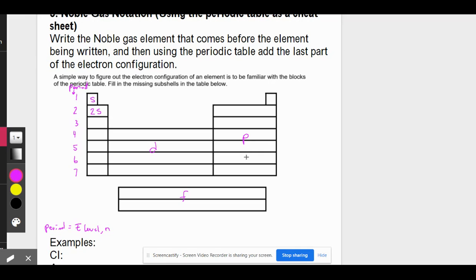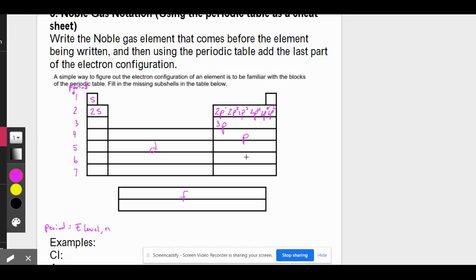Moving over here, this would be 2p1, and then if I move over, 2p2, and we're going to go all the way up to 2p4, 2p5, and lastly 2p6. And then if I went down below it, it would be 3p1 through 6.